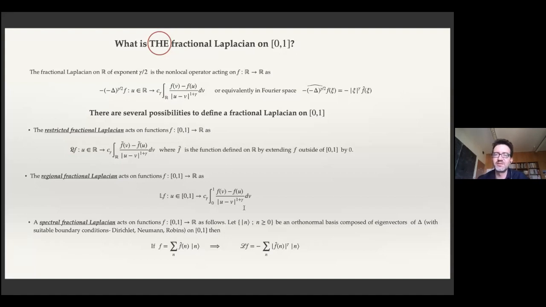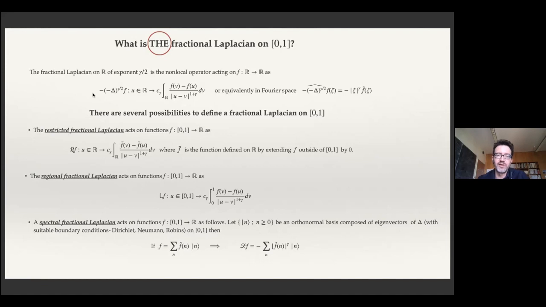In the literature, several fractional Laplacians have been proposed to restrict to some bounded domain, but there is nothing which is so natural. From my point of view, many different objects have been proposed, and which one has to be chosen is unclear. So let me recall briefly what a fractional Laplacian is.